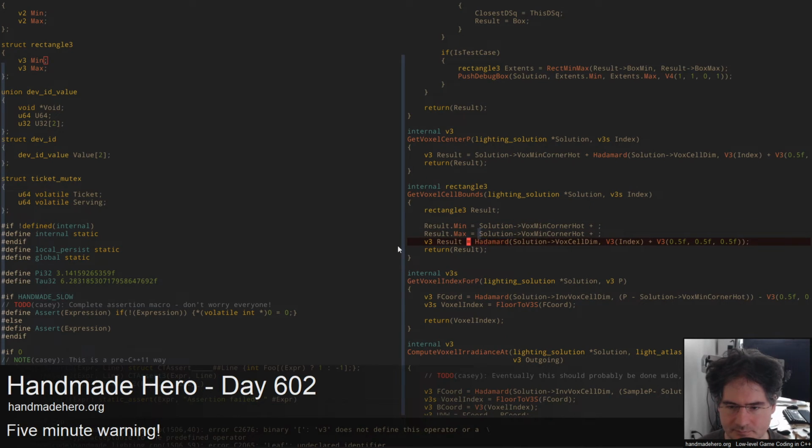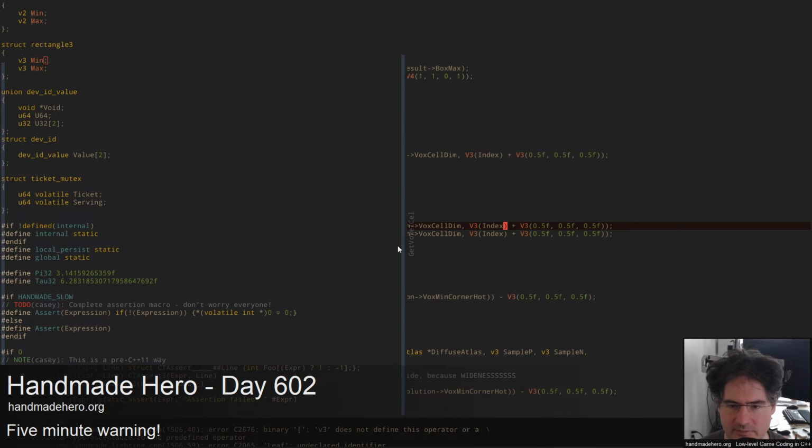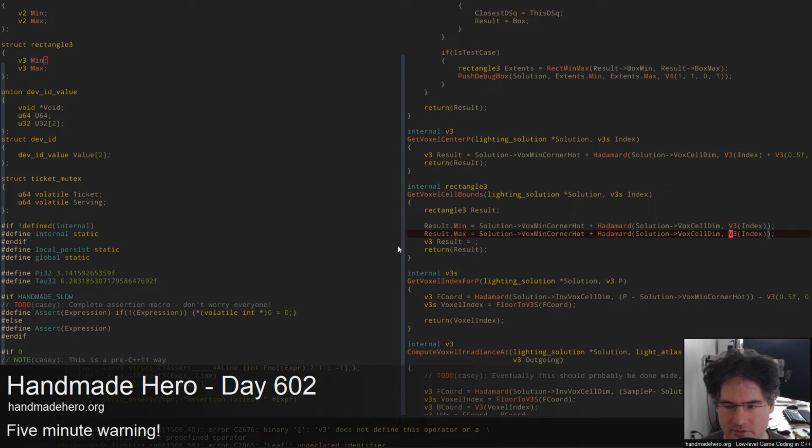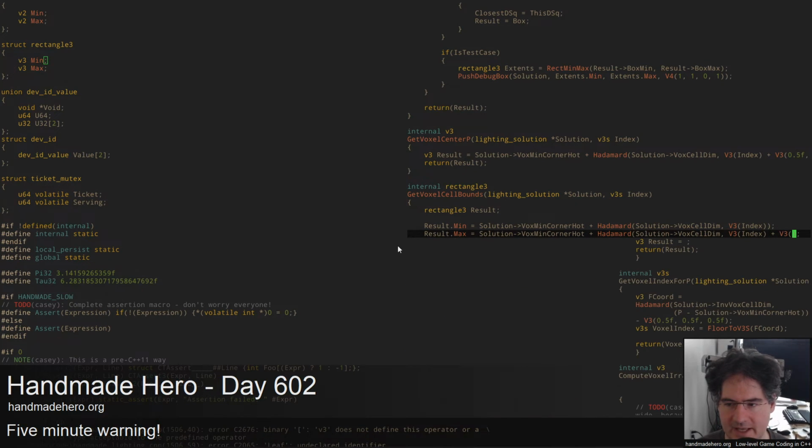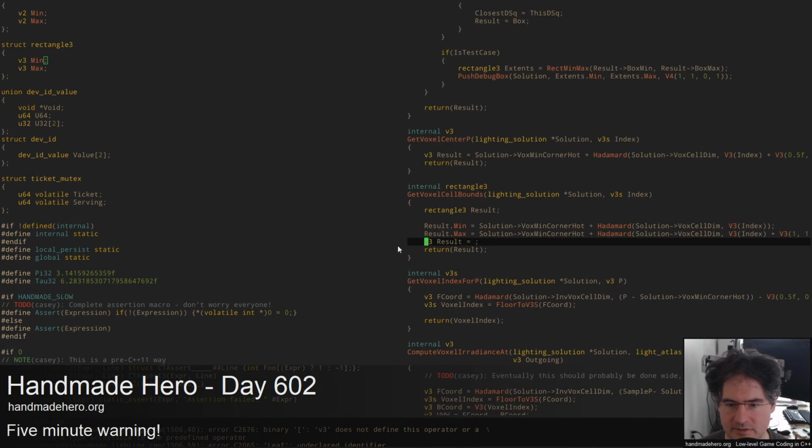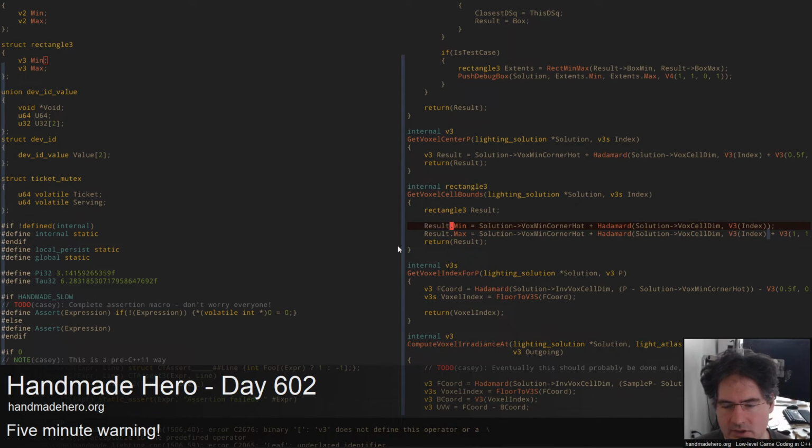And in both cases, we're going to do the Hadamard product of the voxel cell dim with the index. But in one case, we're just going to add one additional in each direction. So we would basically just say, whatever the V3 index is, add 1, 1, 1 to it, and that gives us one further, right? So I think that's all we really need for the voxel cell bounds.